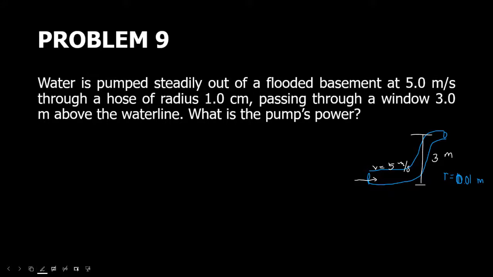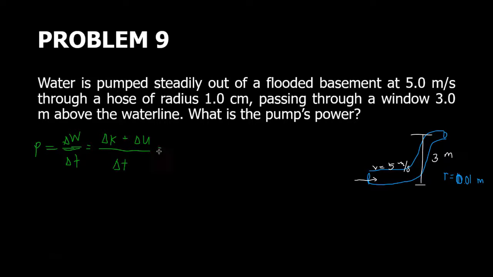Earlier I wrote, right? We know that power is work by time. It's the change of work divided by the change in time. The change of work, I wrote that earlier, it's the change in kinetic energy plus the change in the potential energy divided by the change in time.